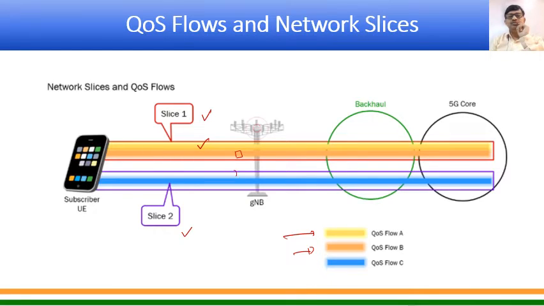In slice 2, it is shown that it is supporting QoS flow C. So one slice can have one QoS flow or more than one. Of course, there can be many PDU sessions created for different users within the slice, and within each PDU session there can be one or more QoS flows.